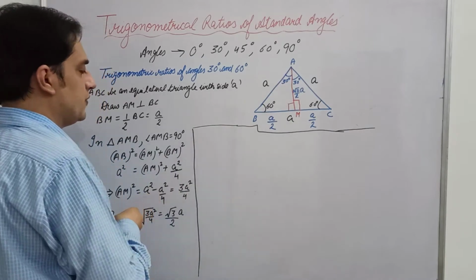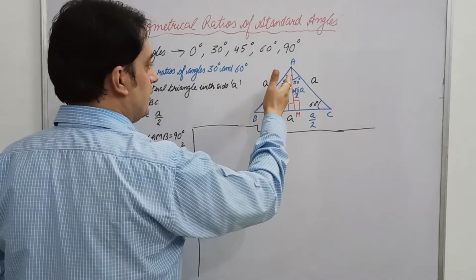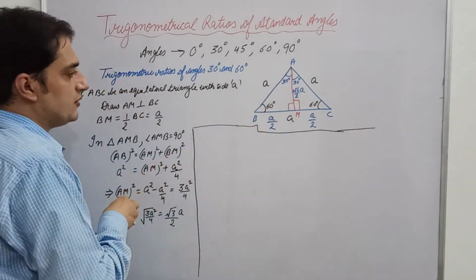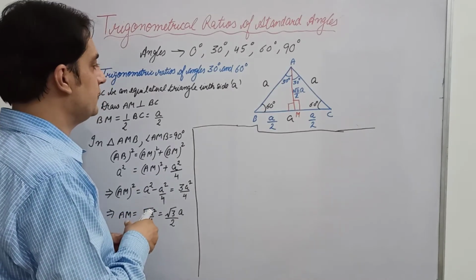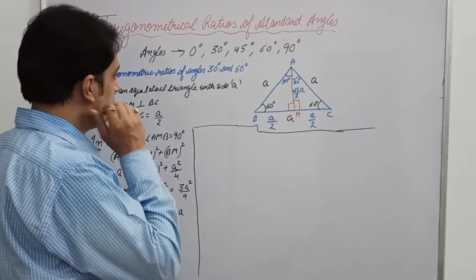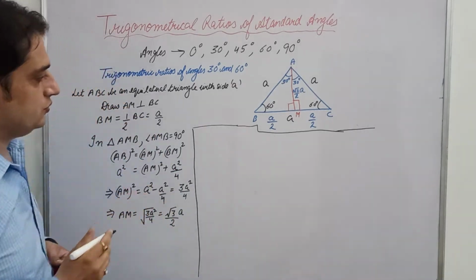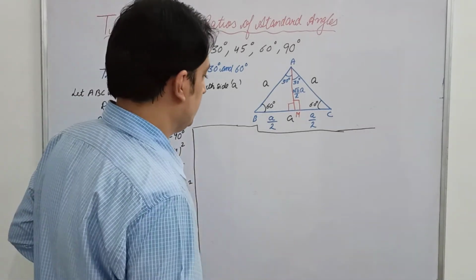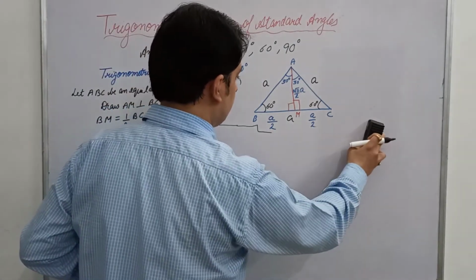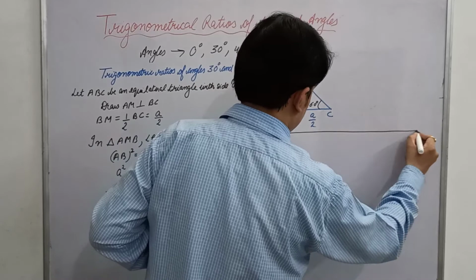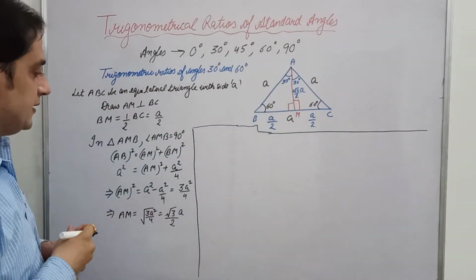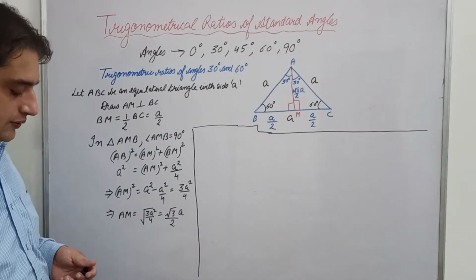You can take one of the triangles, either triangle AMB or triangle AMC. From both the triangles you will get the same values of these T ratios for these standard angles. So let's start with the values of T ratios for angle 30 degree and 60 degree, right?